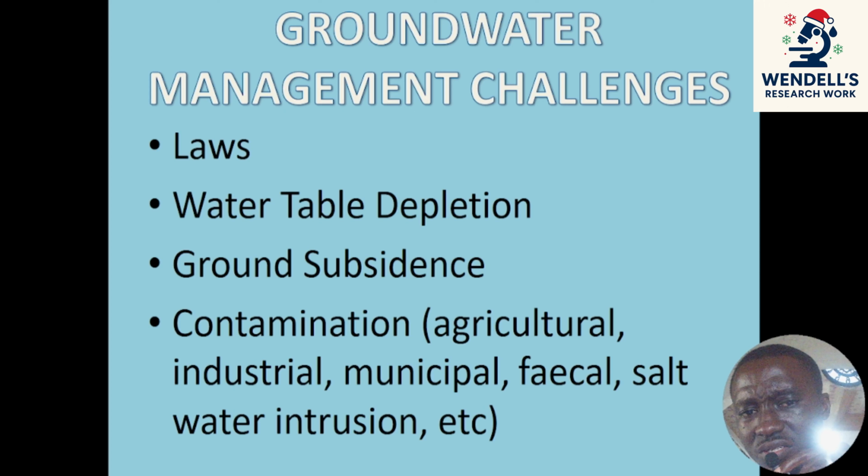And there could be industrial contaminants from industries discharging their waste, which can lead to pollution. Waste from municipal sources can also leak or infiltrate, especially the liquid waste, and then our almighty fecal materials can also leak.